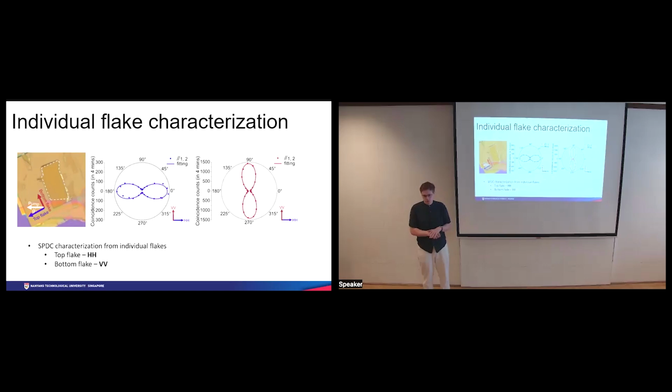For the generated photons at 800, the MBOCL is quite transparent, but for the pump it is something we had to work around. So we had to fabricate this top flake in a quite thin manner, thin enough for the pump to be able to reach the bottom flake. I think for the next attempt we will be able to balance this better, but in this first sample, the thickness is quite disproportionate.